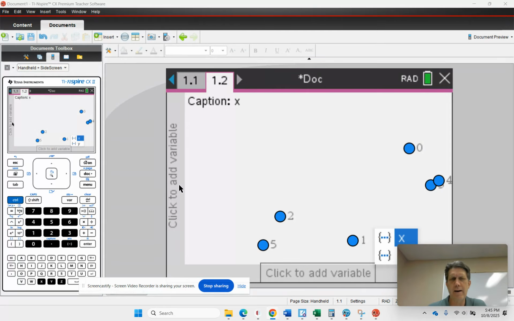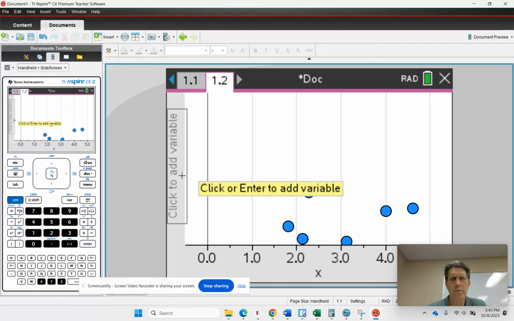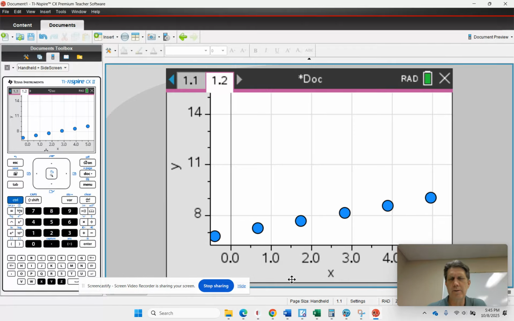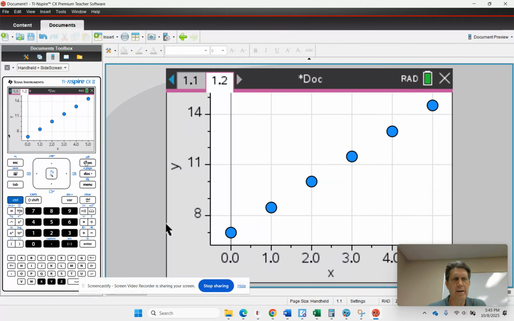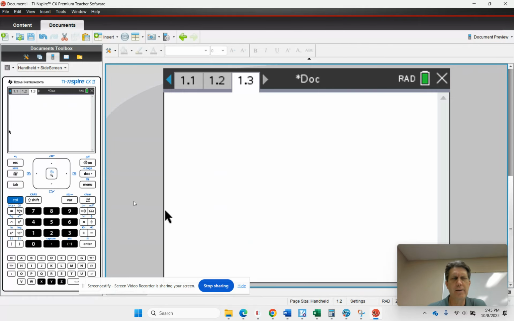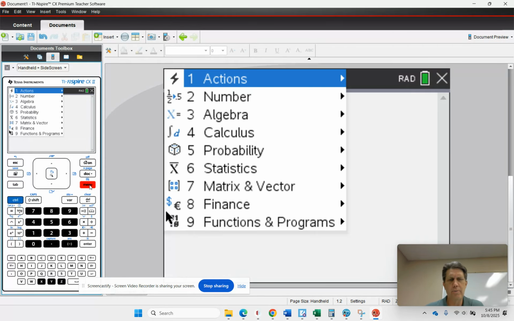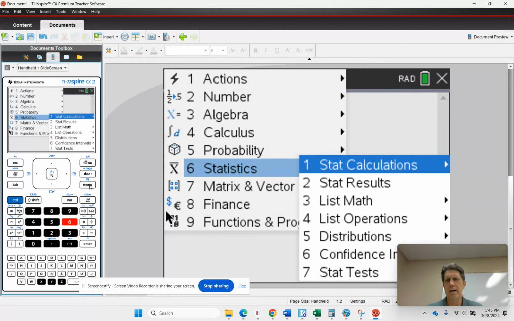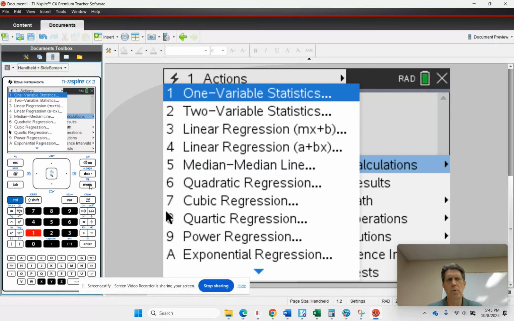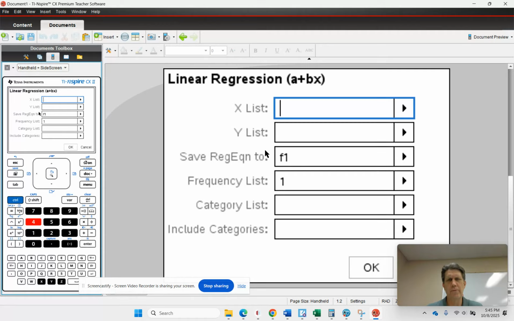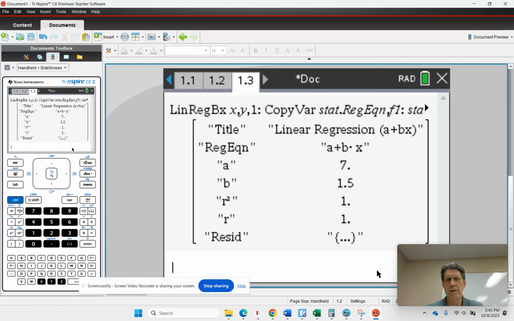We'll make a graph of X and Y. Now I'm actually going to do this one on both, but we have the X and the Y. If you go to a calculator, we're going to go menu 6, number 1. We're going to do linear regression number 4, and we're going to do X and Y. We're going to click OK. We get this equation: Y equals 7 plus 1.5 times X.